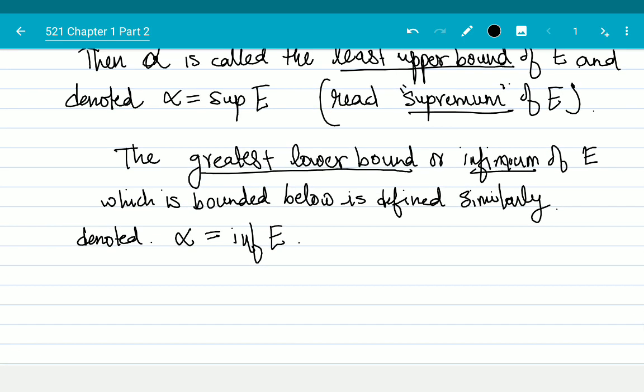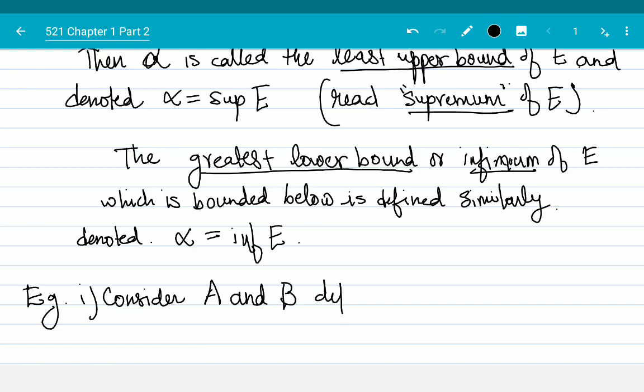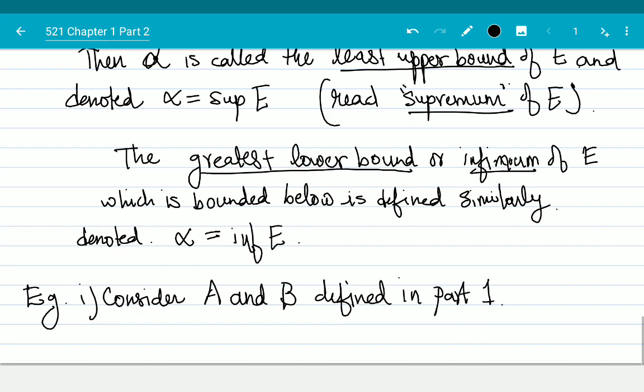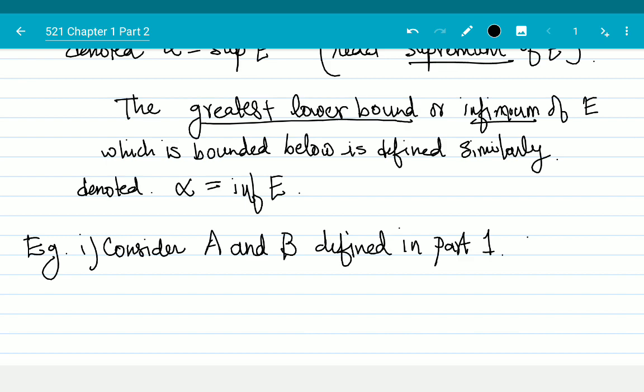Examples. Consider the sets A and B defined in the previous lecture. A is bounded above.